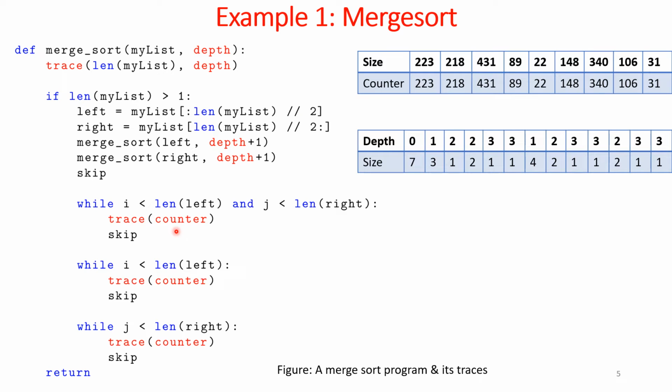If we run mergesort on an input of size 223, then we get 223 loop iterations per each step of mergesort.